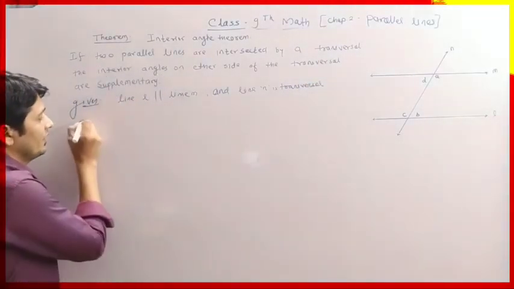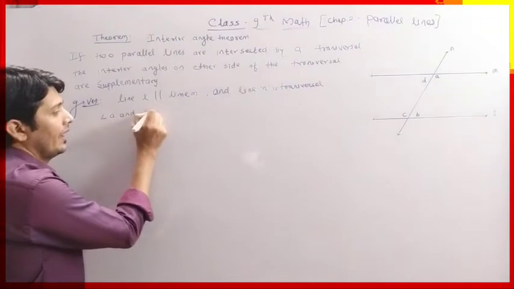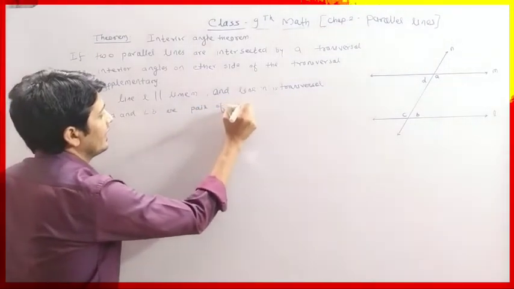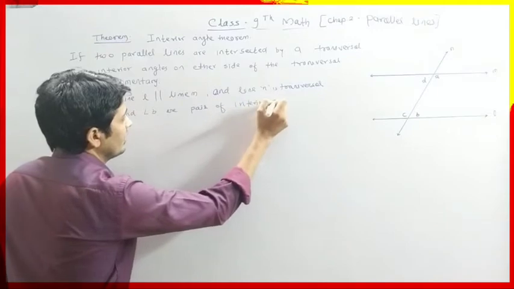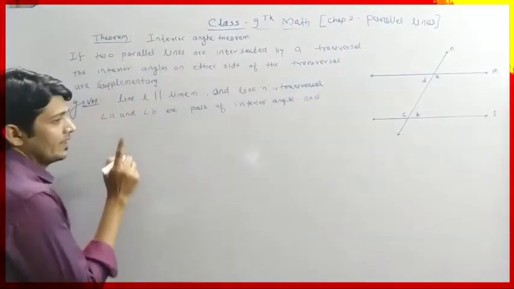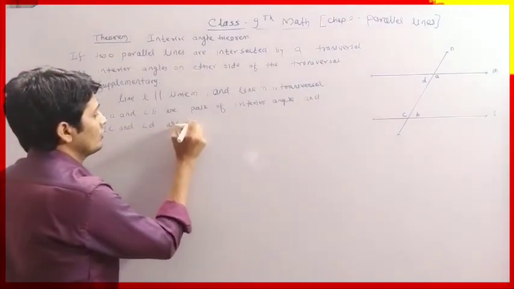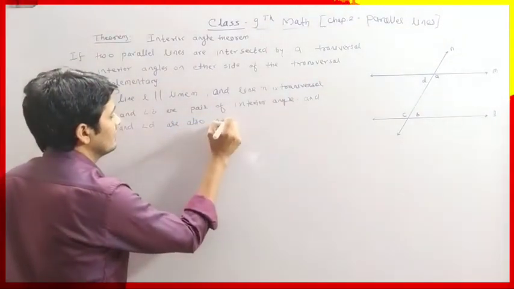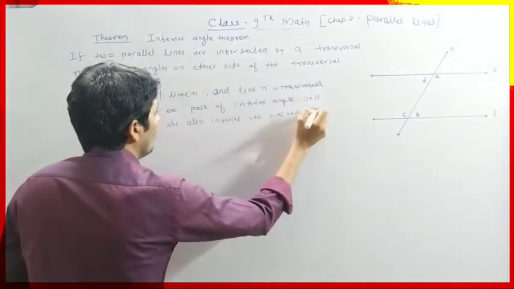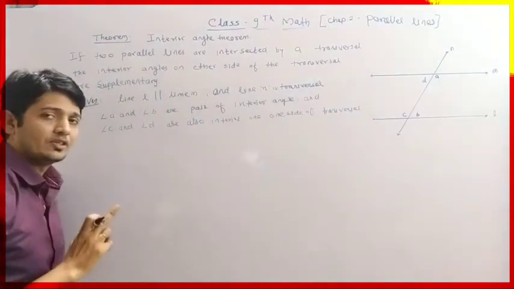Therefore, angle A and angle B are a pair of interior angles, and likewise angle C and angle D are also interior angles on one side of the transversal line.